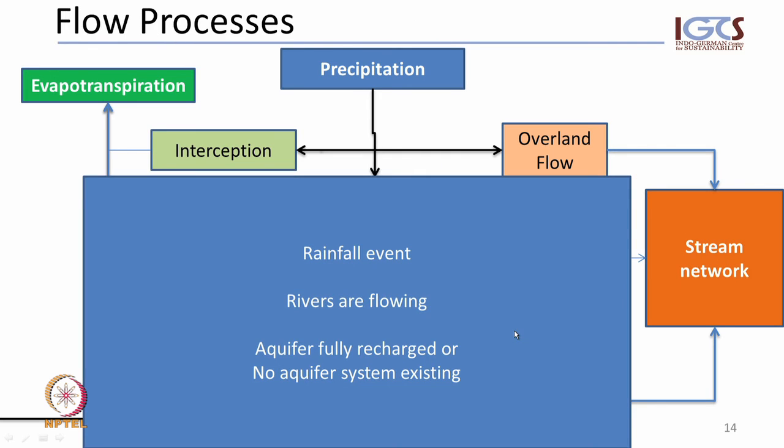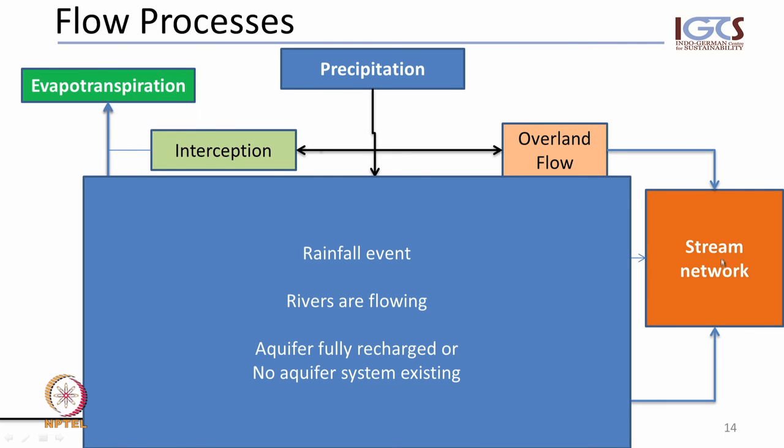Now, let's cover this part and only look at a situation where we have a rainfall event taking place. We have rainfall coming here, and we observe overland flow and monitor rivers.